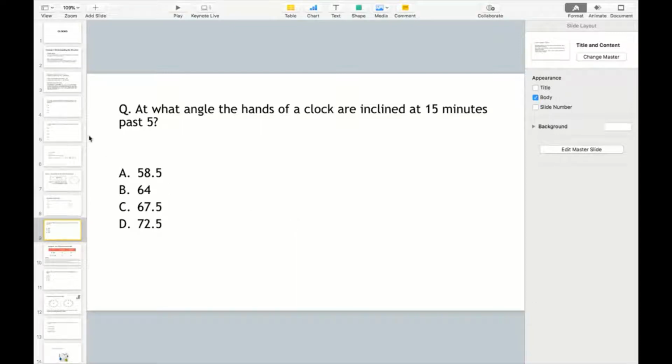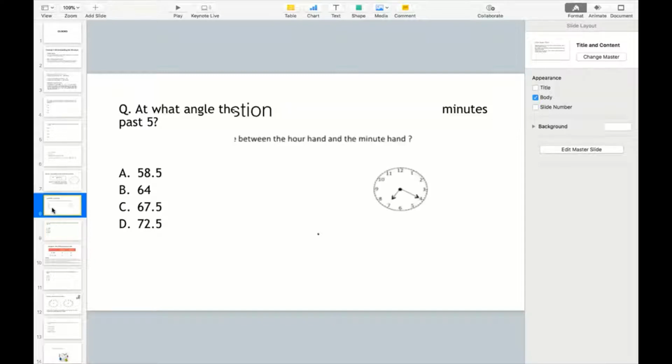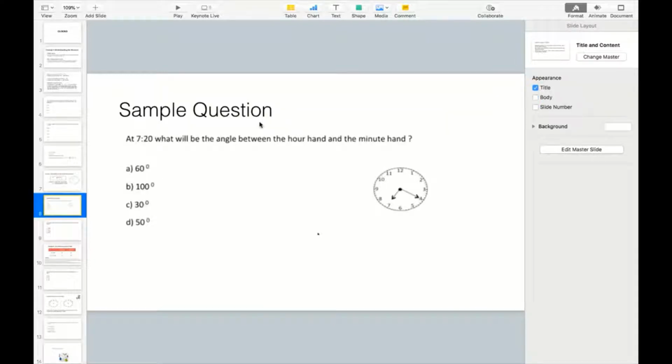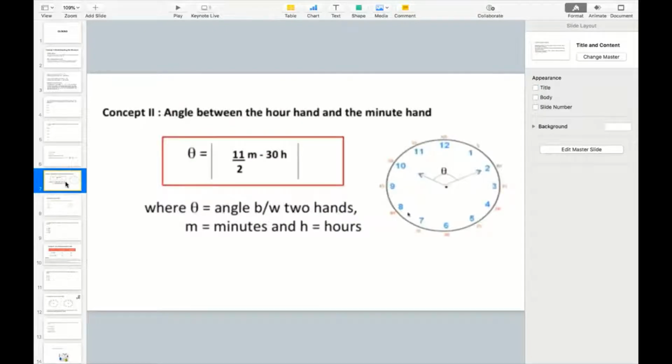This formula, we were using this formula. How many variables are there in this formula? There are exactly three variables, right? One is theta, which is the angle between the hands, one is the minute, and one is the hour value, right?